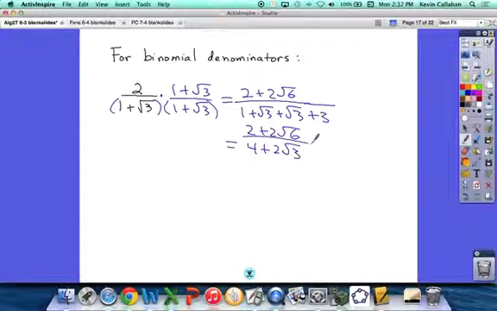So that didn't rationalize the denominator. I still got a square root. So this is not what you want to do. Don't multiply by the denominator. That's what you do when you just have one term. When you have two terms, you've got to use the fact that multiplying by conjugates rationalizes the denominator.